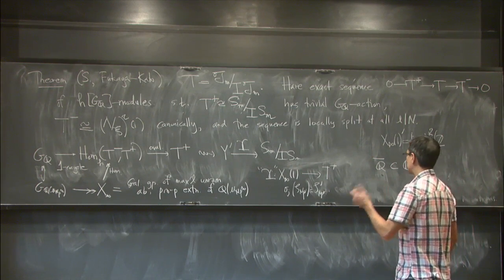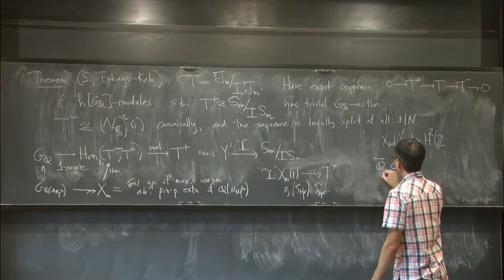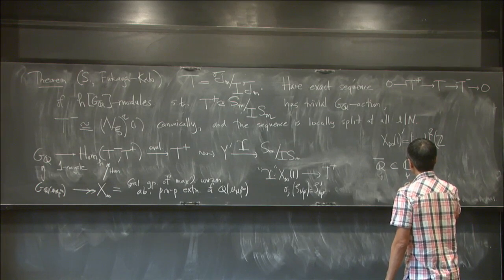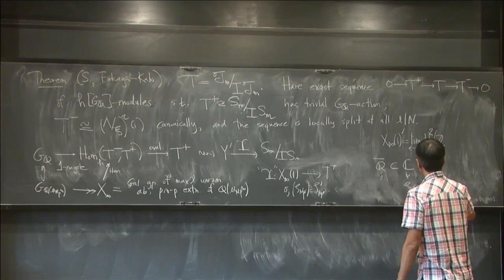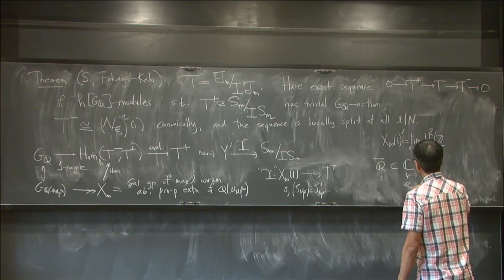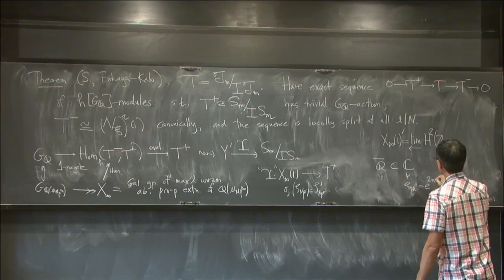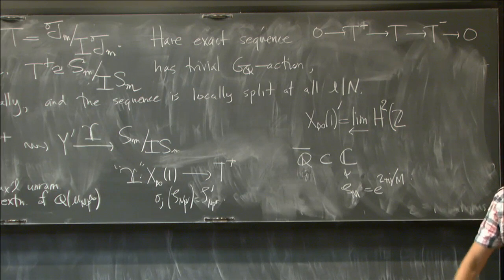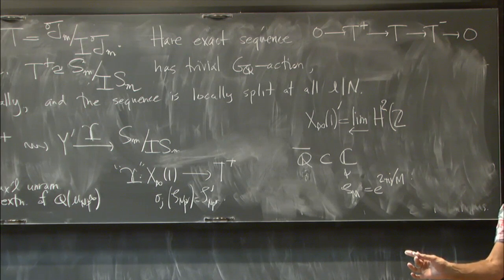Once I fix it, I have in here zeta_p^r, which is e to the 2 pi i over p^r. And taking zeta_p^r for all r gives me my compatible sequence. So it's fixed at the beginning.